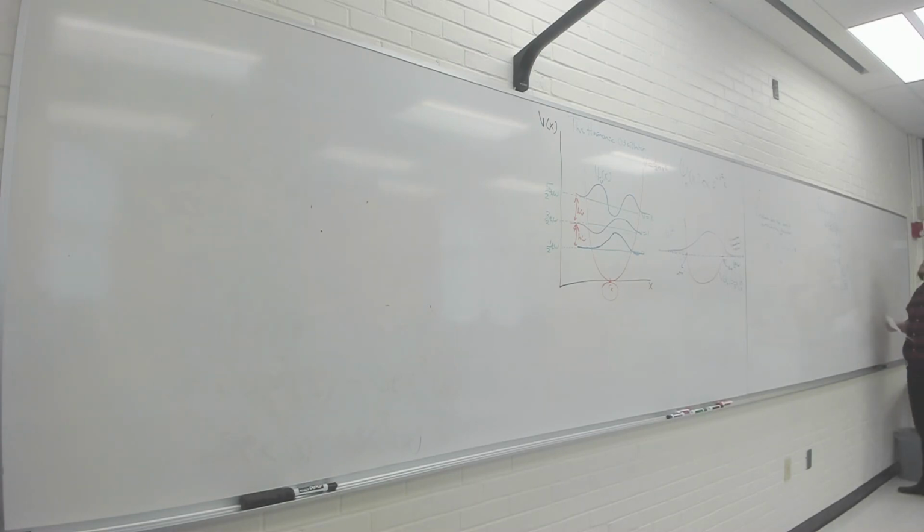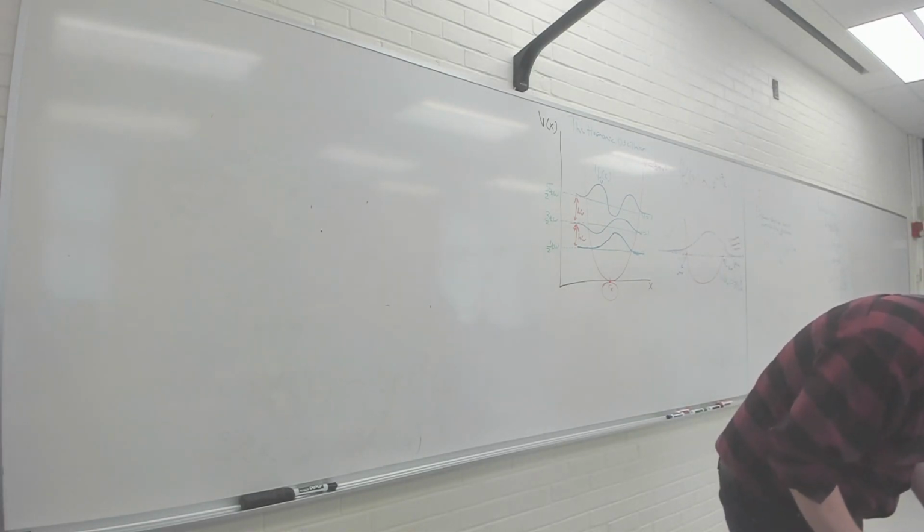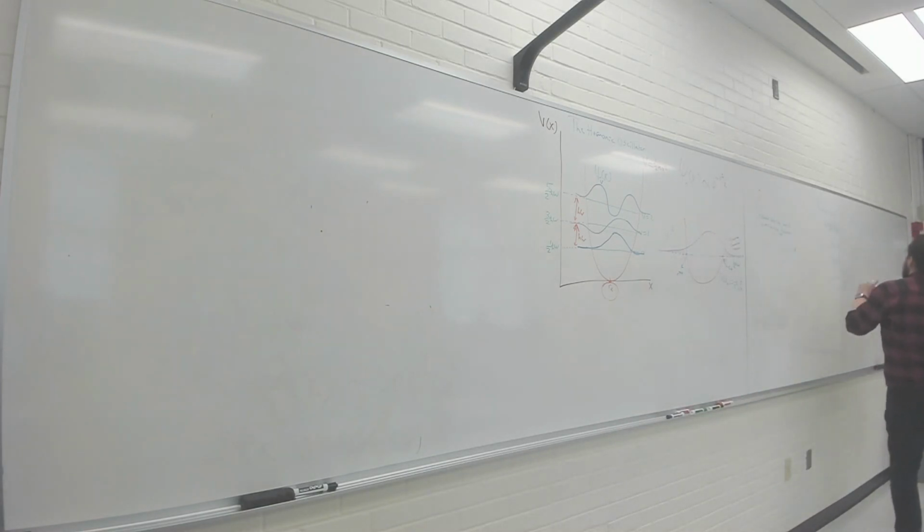So the probability now is 2 times the integral from xt to infinity of our wave function, which is proportional to alpha. Let me get the actual value. I apologize, I always forget the coefficient on the outside. So it's alpha over pi to the 1/4.